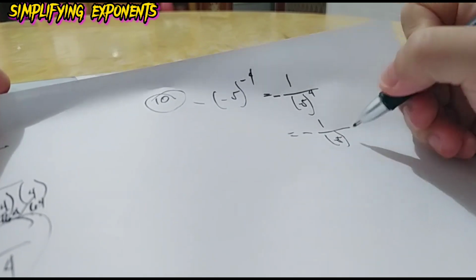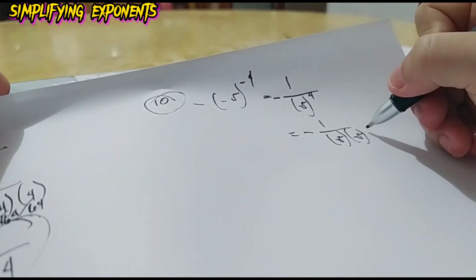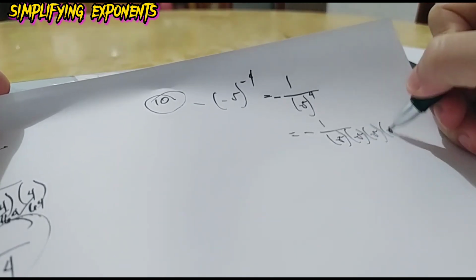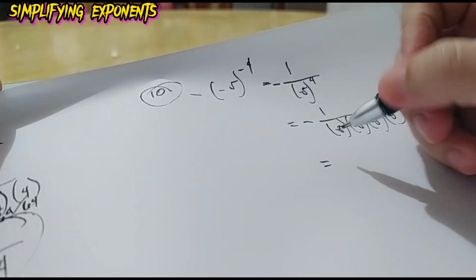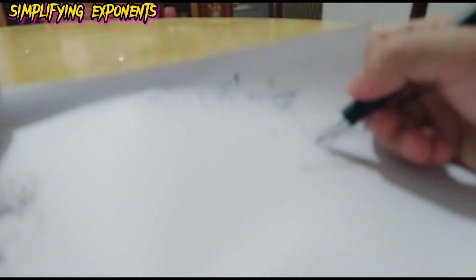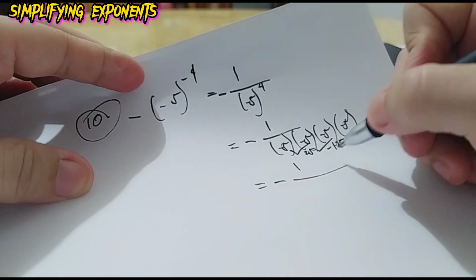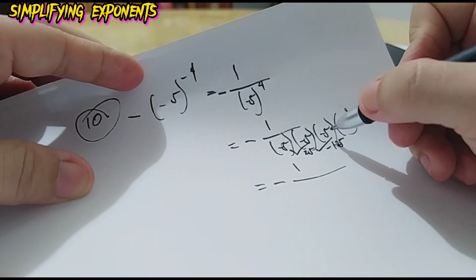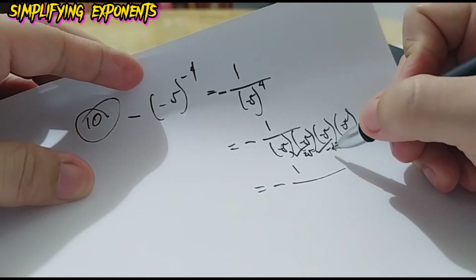So, negative 5 times negative 5 times negative 5 times negative 5. And then copy again that negative sign and 1 over negative 5 times negative 5 is 25. 25 times negative 5 is negative 125.